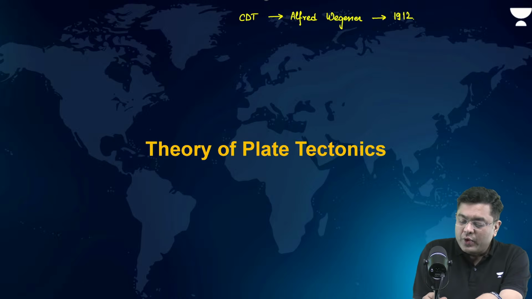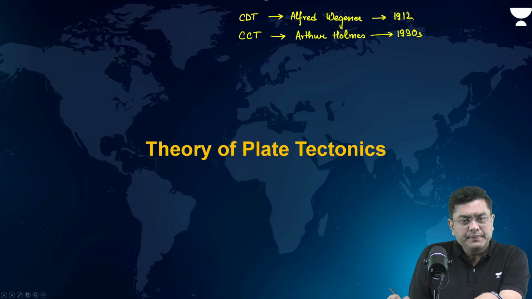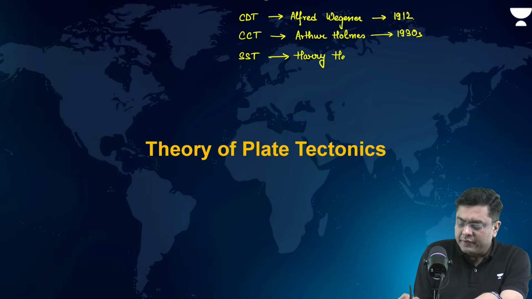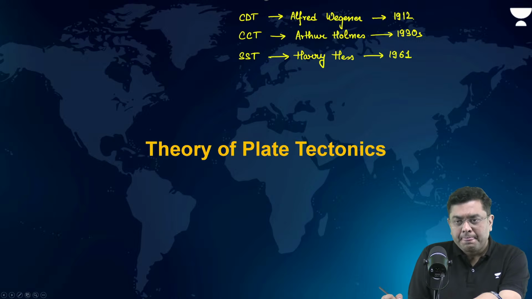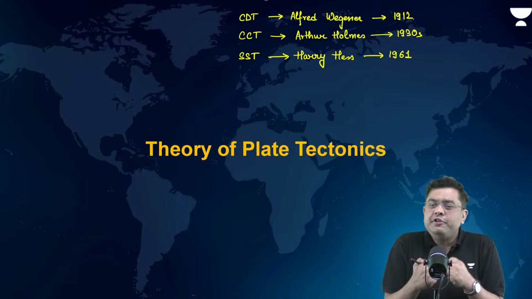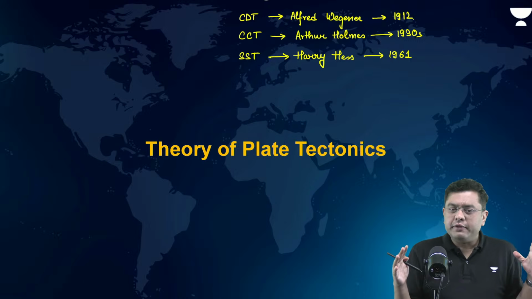Then you had the convection current theory, Arthur Holmes, provided in the 1930s. Then the seafloor spreading theory, provided by Harry Hess, and this was done in 1961.